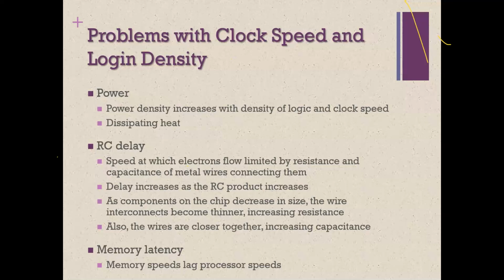So as more and more components are added on chip, with the decrease in size, the wires that interconnect become thinner, and thereby also increase the resistance. And the closer they are together, the more the capacitance increases. And so we have to have a trade-off between these.